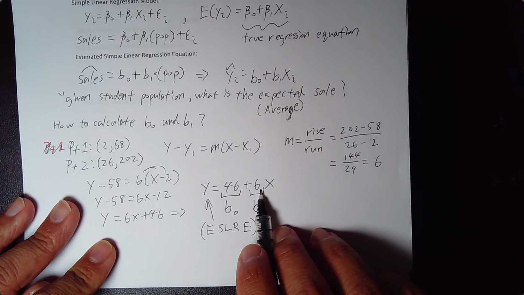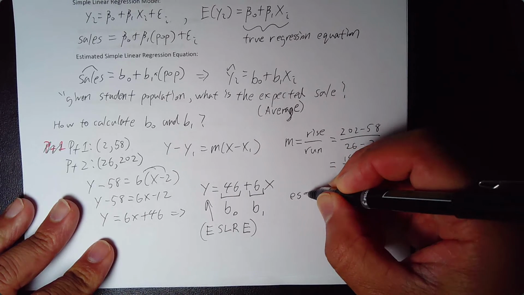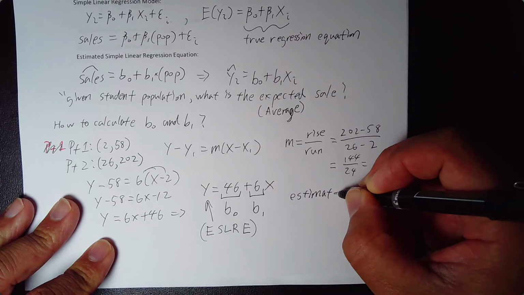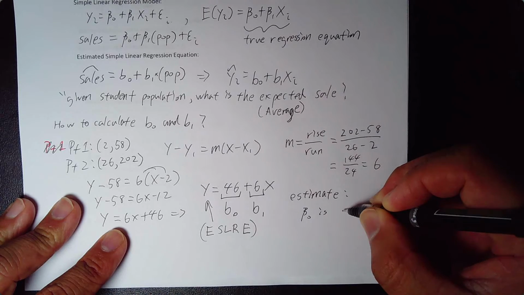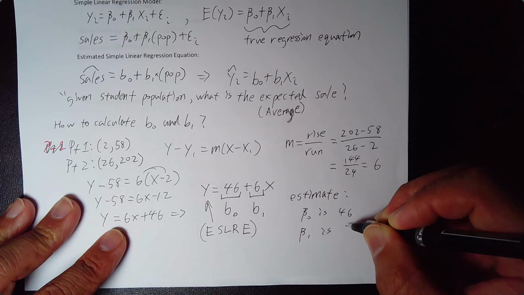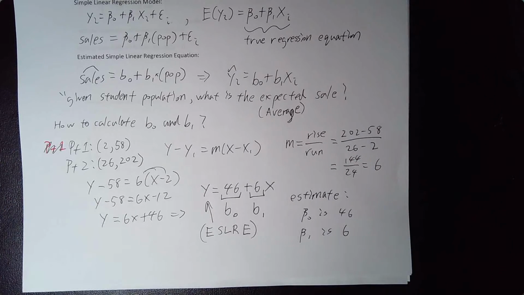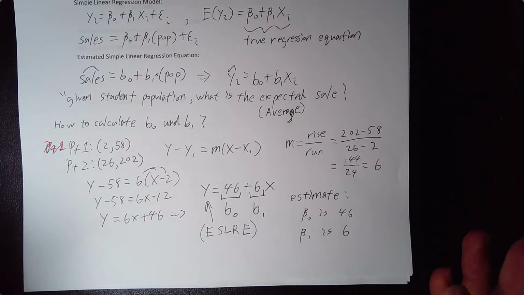My estimate for beta 0 is 46, and my estimate for beta 1 is 6. And there's nothing wrong with this, okay? Well, there is, but technically it's not wrong, but it's not efficient.